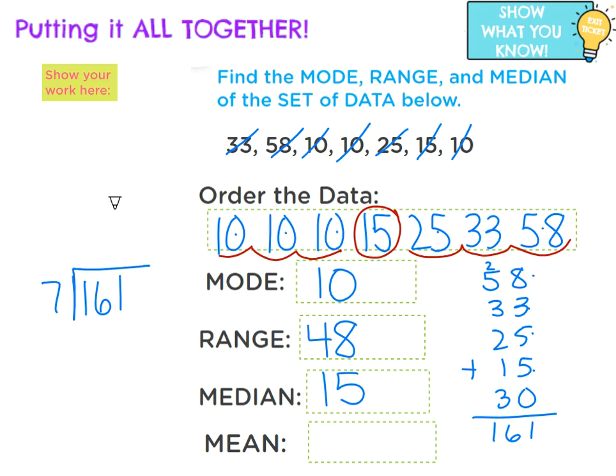So I'm going to divide here. And that's 2, and 7 goes into 21 3 times. And my mean here is 23. And there you have it.